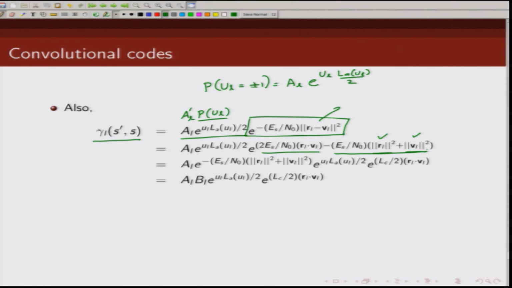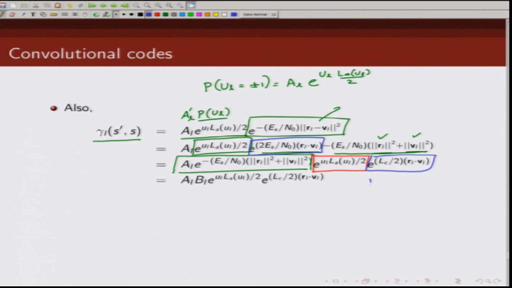So, what we will be left with is, this term we can just take out as some sort of constant which does not depend on choice of VL, and what will be left is this term which we are writing here, and the next term that will be left is this term which we are writing here.